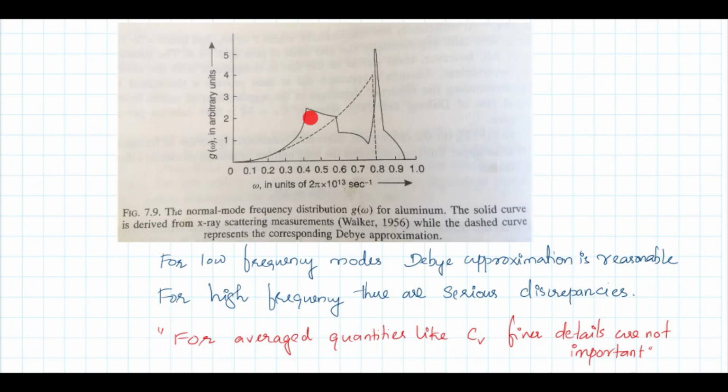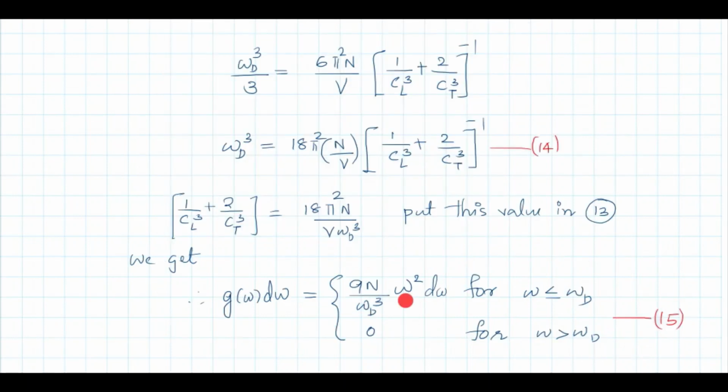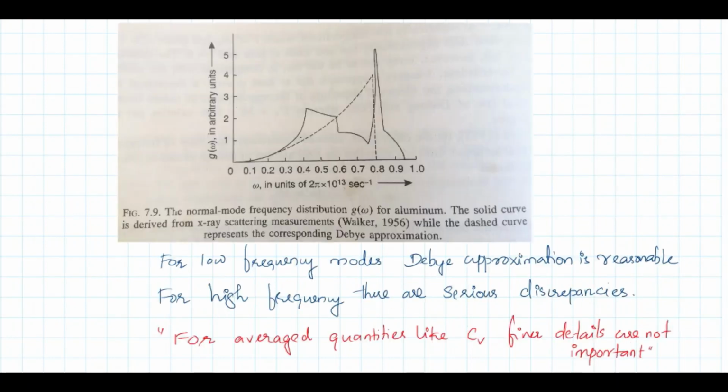So this is an experimental result, and the dashed curve represents the corresponding Debye approximation. In the case of Debye approximation, you can see that up to the cutoff frequency it varies as ω², so it is a quadratic curve. Beyond ω_D, it is 0. So this dotted line is parabolic up to ω_D, then it is 0. But the experimental curve is something like this.